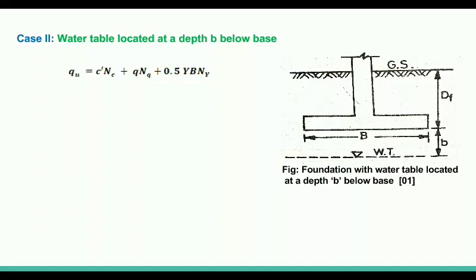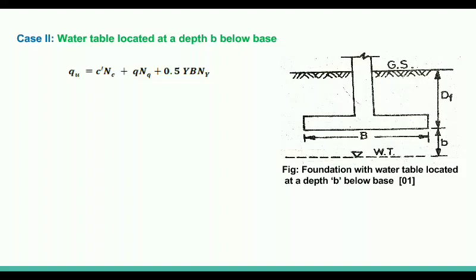In this case, the water table is b distance from the base of the footing. So it will not affect the cohesion term, and it will not affect the surcharge either. So the first term c' Nc and q will be the same. Are you getting the point?